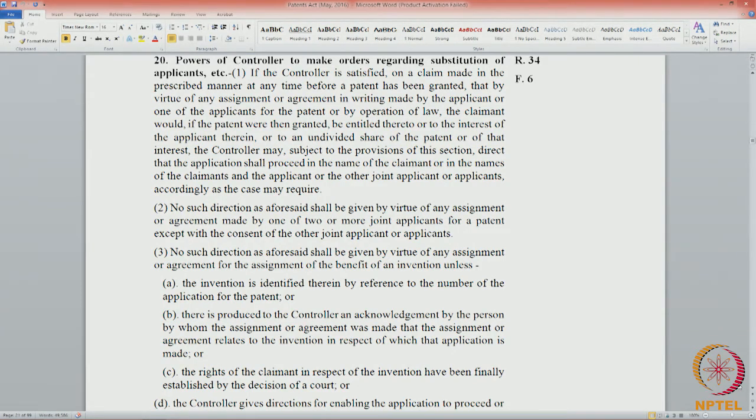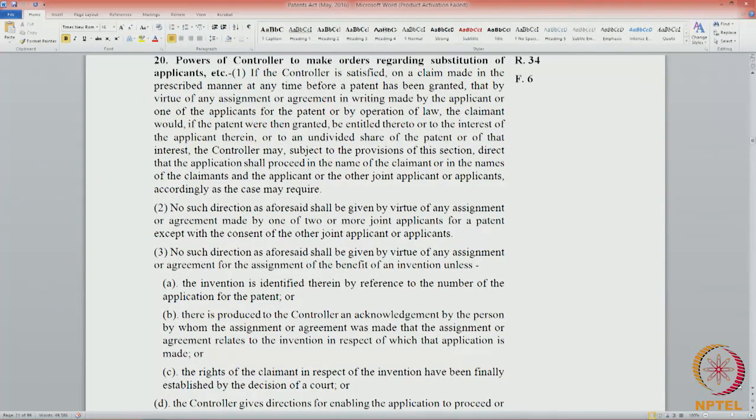The application number is not mentioned, but he says this is with regard to an application. It is clearly identified by the person who makes the acknowledgement that they are talking about a particular invention. So the person who makes the assignment acknowledges the invention, so there is no doubt.